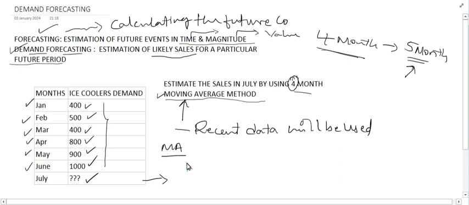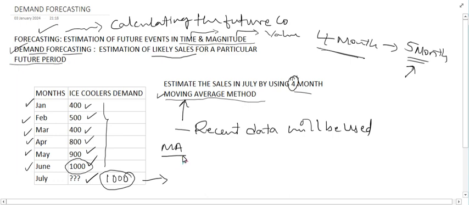That means he has given a parameter of 4 months, so I use the data of the 4 most recent months for calculating the sale. Imagine he has not given the 4, and just asks to estimate the sales in July by using the moving average method. Then it indicates that the most recent period's data will be considered. So if I am calculating July, whatever the sale in June was, the same data will be taken for July also. So the value will be 1000.